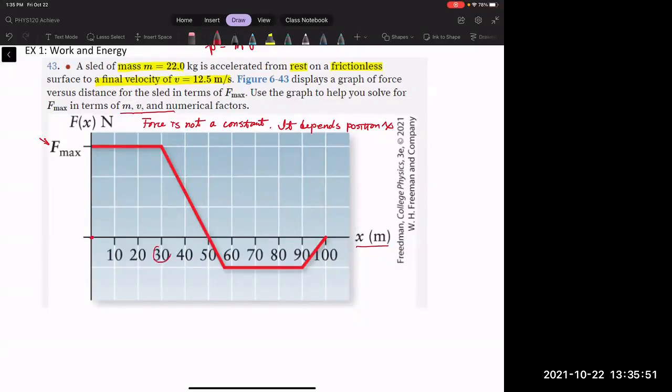Up to here, the force is constant and equal to F max. But I didn't tell you F max, you have to find it. So how do we solve this? Well, if you want to find this, you have to use the idea called the work-kinetic energy theorem.